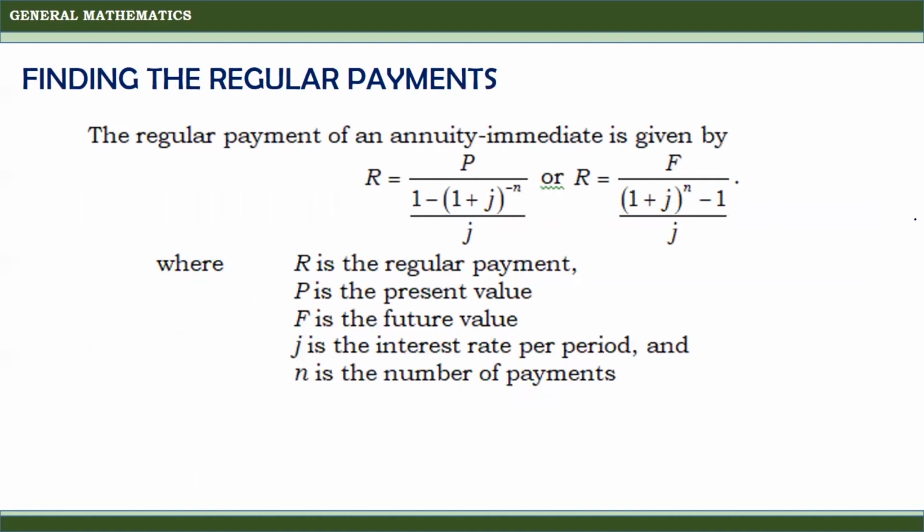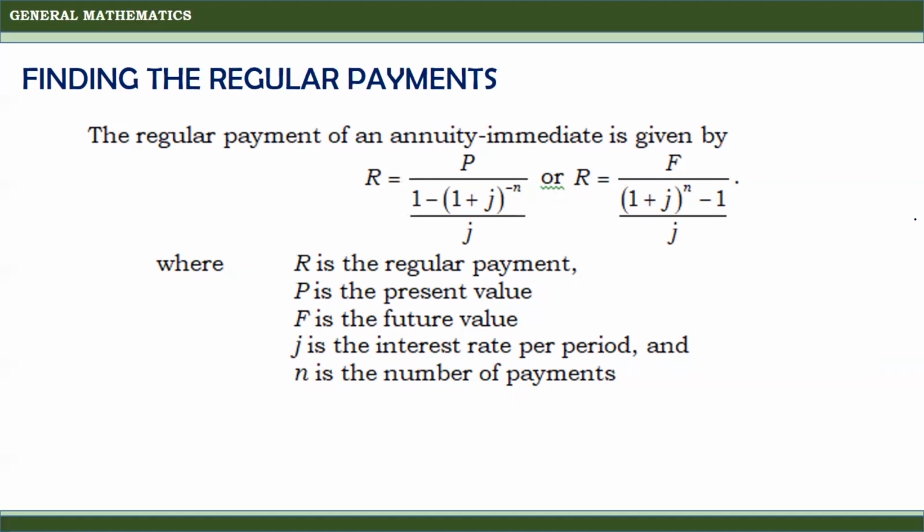To find the value of the regular payment, we will be using the formula R equals P all over 1 minus quantity 1 plus j raised to negative n all over j, or R equals F divided by 1 plus j quantity raised to n minus 1 divided by j.